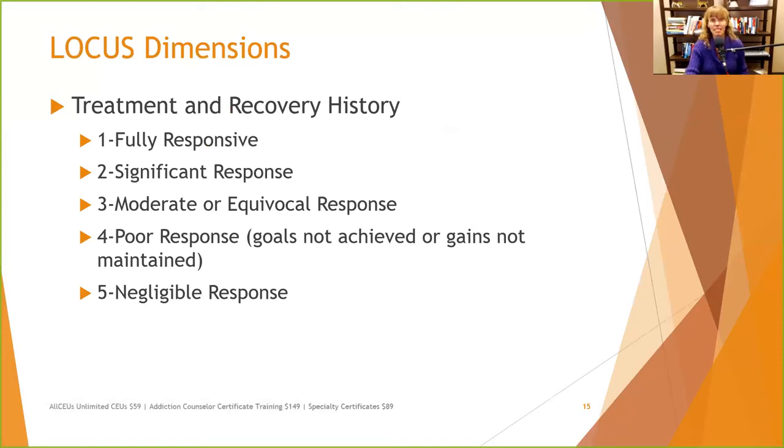Some people will identify that other stuff was going on that wasn't being attended to, which is why a biopsychosocial approach is so important. But I want to know what precipitated the negligible response. And more often than not, unfortunately, I hear that it was more on our parts, not that the person was not motivated, but either the treatment they received was not a good fit for them.